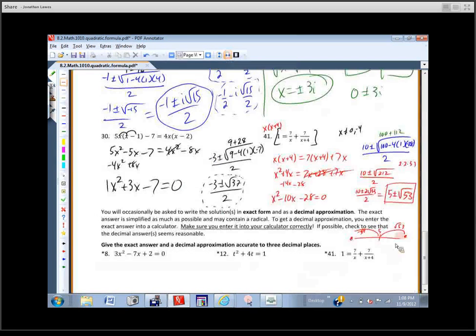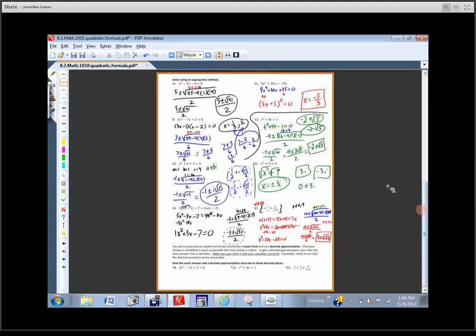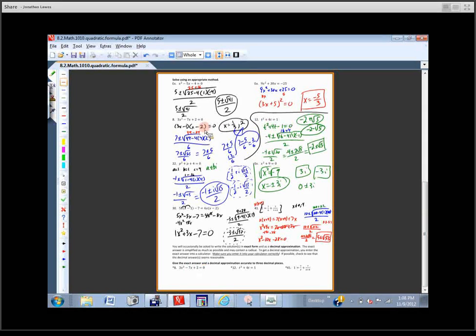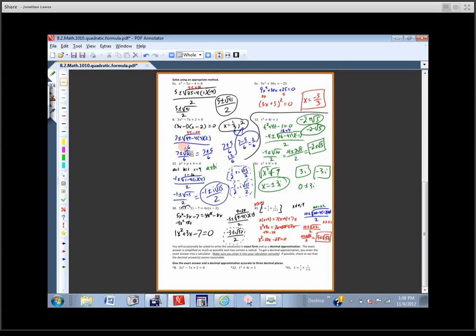Okay, let's take a look at the last couple. These are repeats of problems that we've already done. So all I need to do is look up above here and figure out, well, this was number 8. That one right there. Let's see if the quadratic formula, this right here, would give us the correct answers. And we're going to do these on a calculator. Same with number 12.